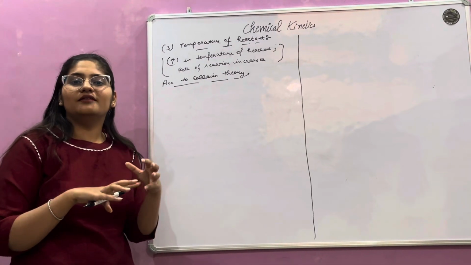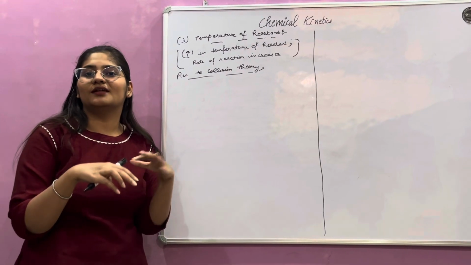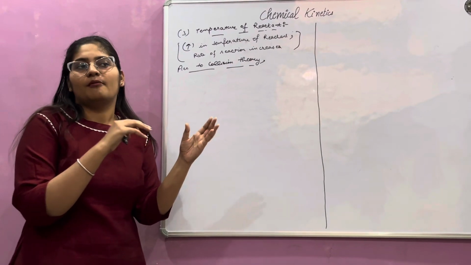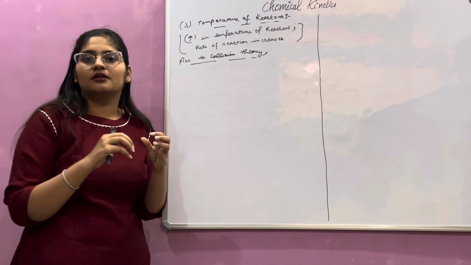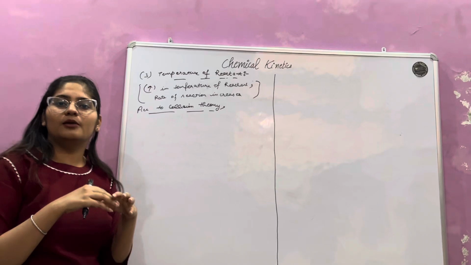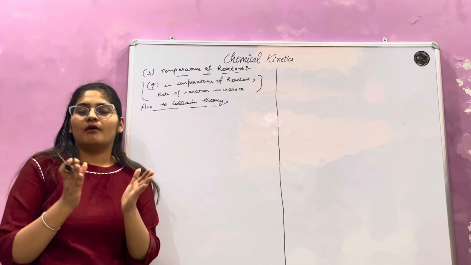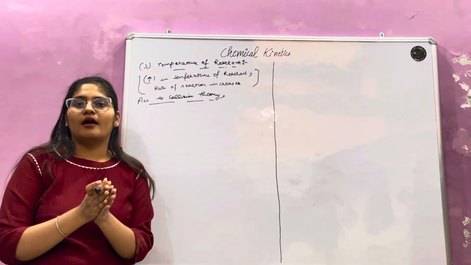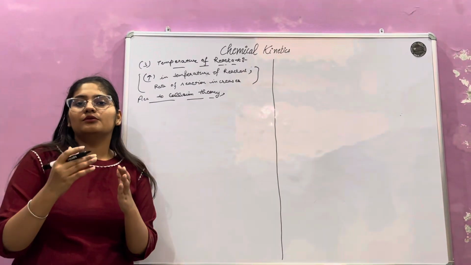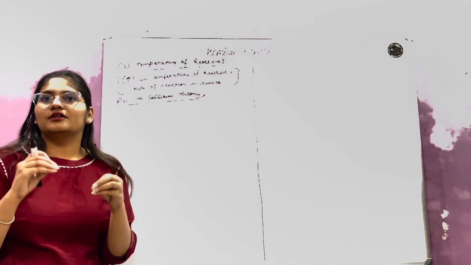Not all the collisions are effective, only few collisions are effective which will proceed the reaction, like there will be breaking of bond, formation of product. So if I want there will be effective collision, then the minimum amount of energy that is required to proceed the reaction, that is termed as threshold energy.